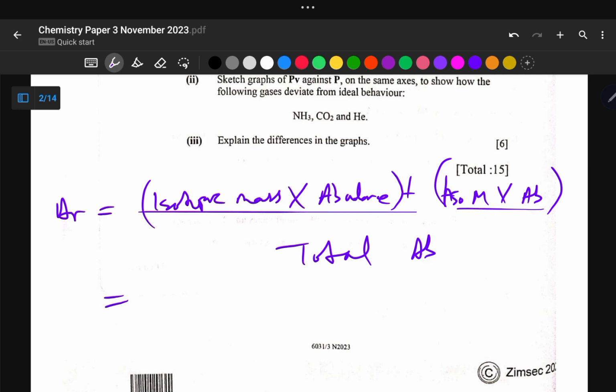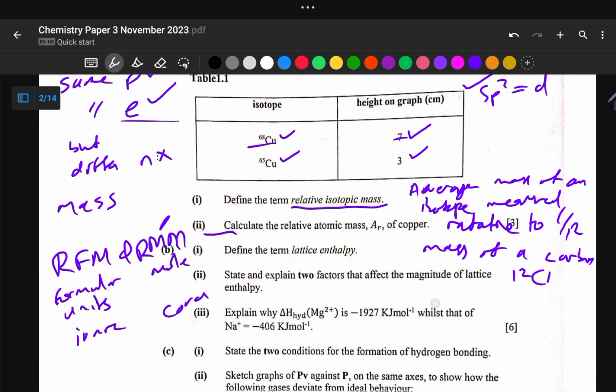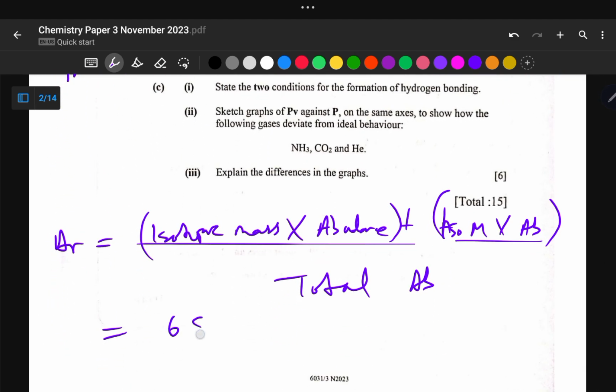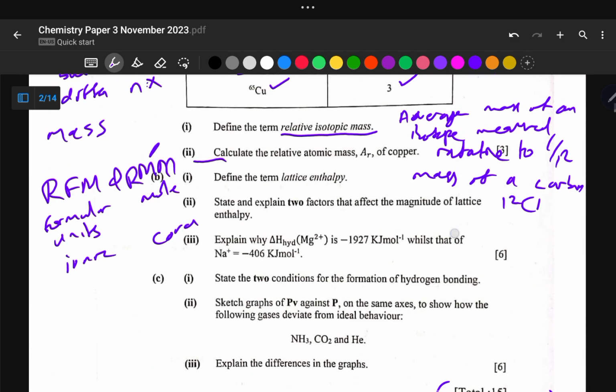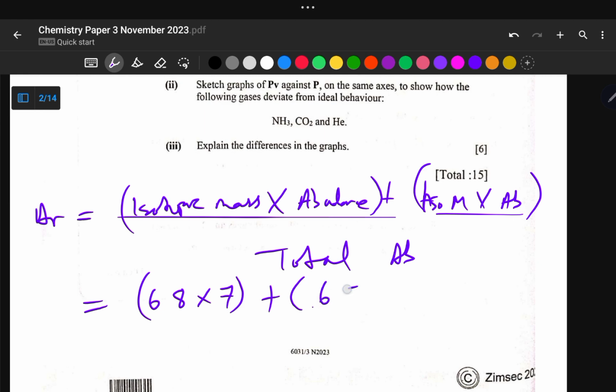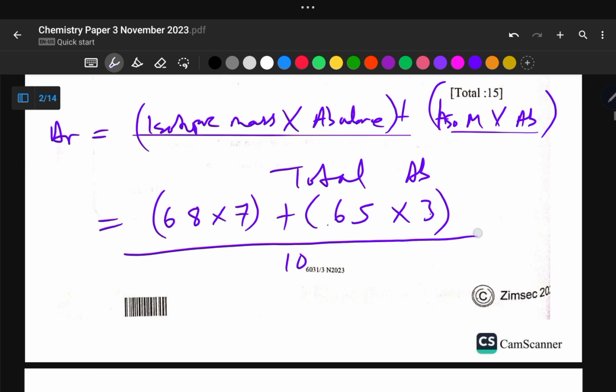So we are simply going to the given information. The isotopic mass here is 68 and the abundance is equal to 7. Abundance can be in the form of percentage, so you need to take note of that, right? And then we are given 65 and 3. So it's 65 times 3, over total abundance, which is 7 plus 3, equal to 10.